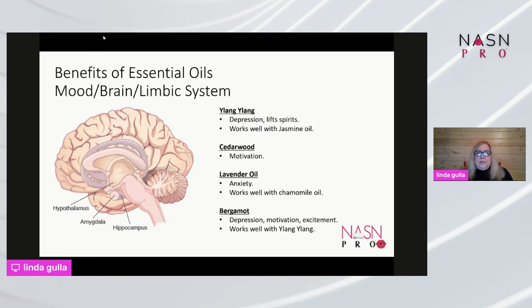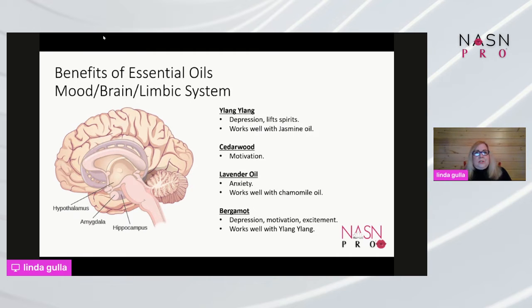Also, essential oils work with the mood, brain, again with the limbic system. As you can see in the image on the left, it's the hypothalamus, the amygdala, and the hippocampus, which is the limbic system. So ylang works with depression and lifts the spirits, as well as works well with jasmine oil. Cedarwood, again, helps with motivation.